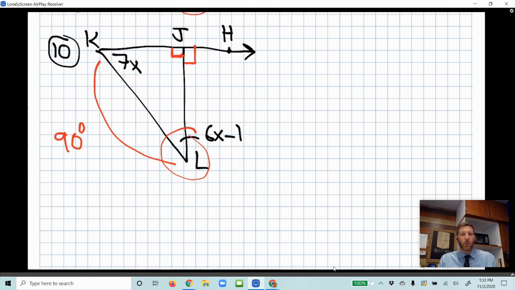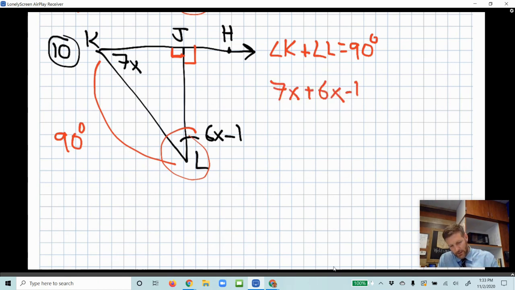So here I can get an equation. It's going to be slightly different than number 6, but I know that K plus L equals 90. I don't have to write it this slowly, but I will. Angle K plus angle L equals 90 degrees. And of course, angle K is 7x. So 7x plus 6x minus 1 equals 90 degrees. And let's go ahead and start solving. 7x plus 6x is 13x, so we'll simplify.